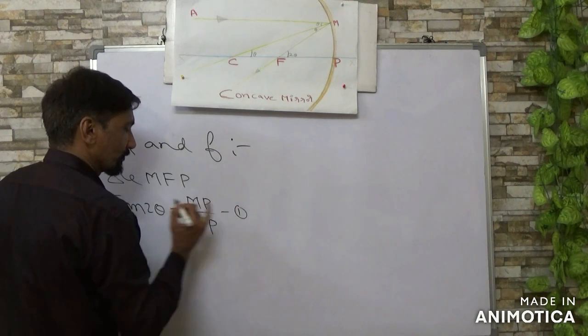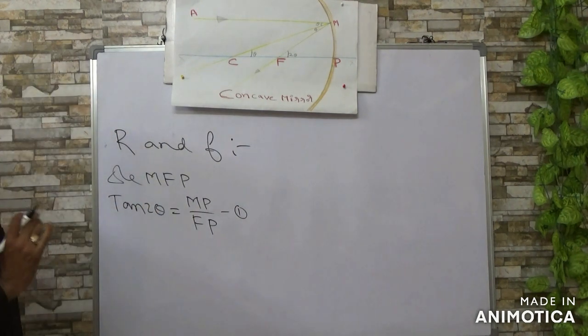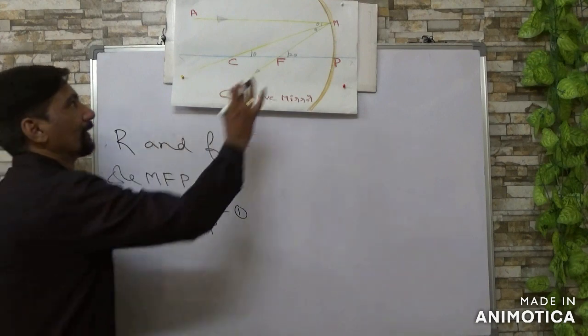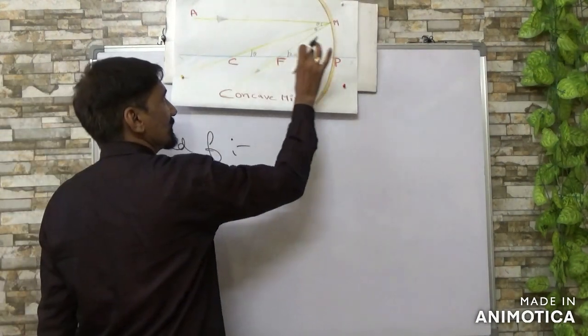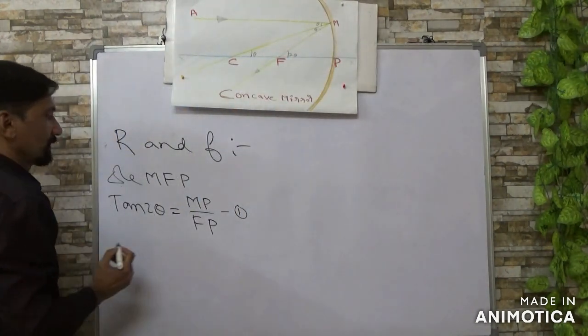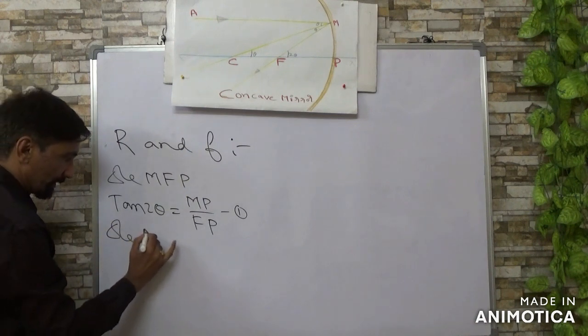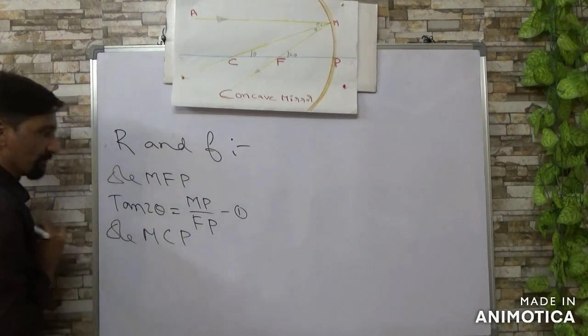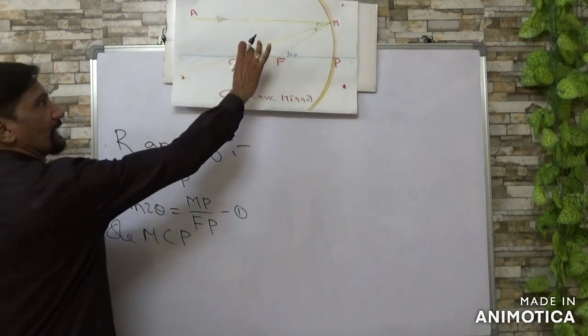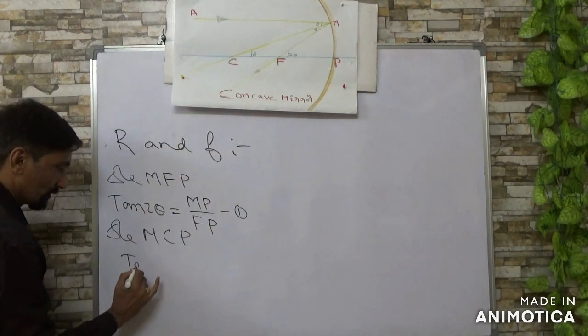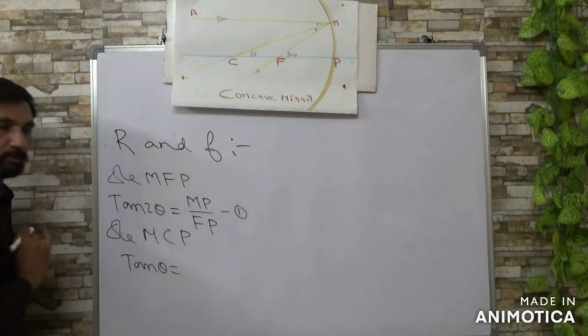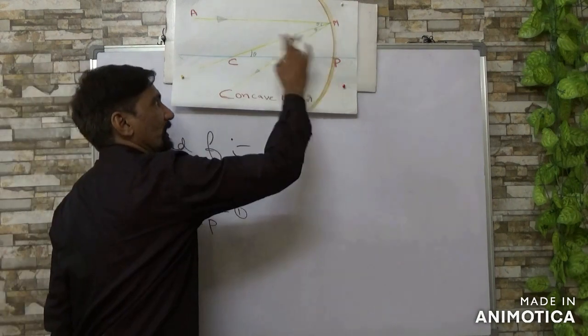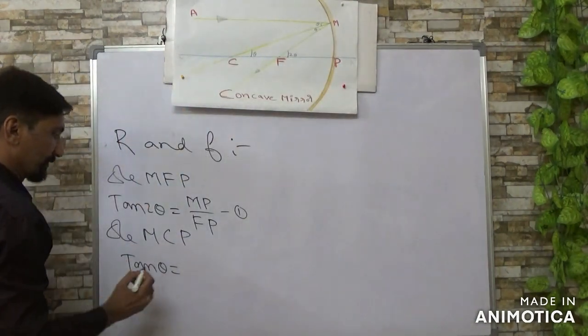Say equation 1. Now you consider another triangle MCP. Tan theta, you know, is equal to opposite by adjacent.